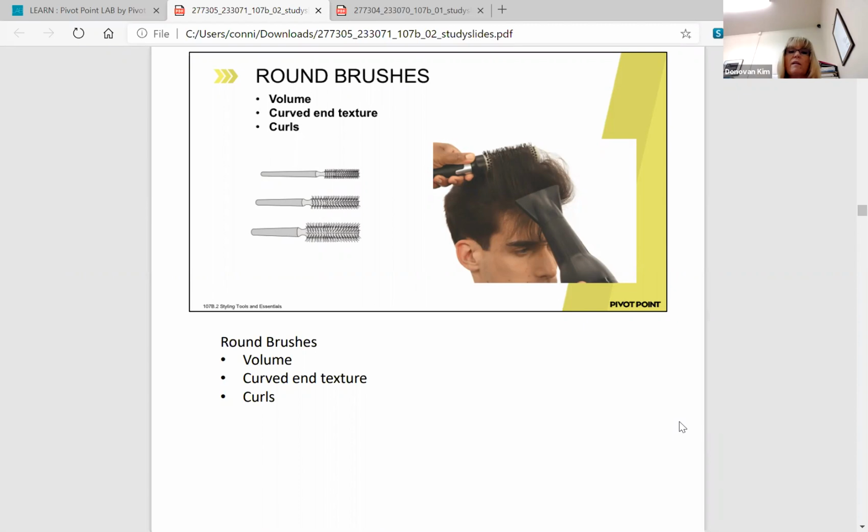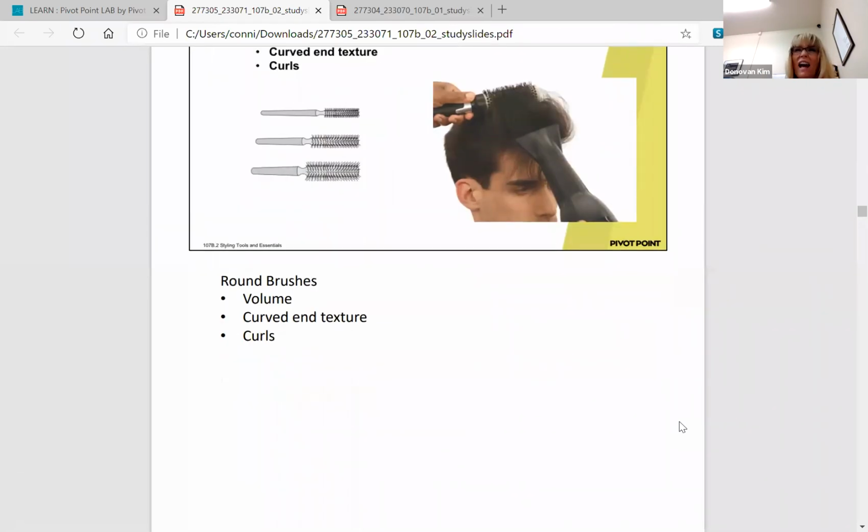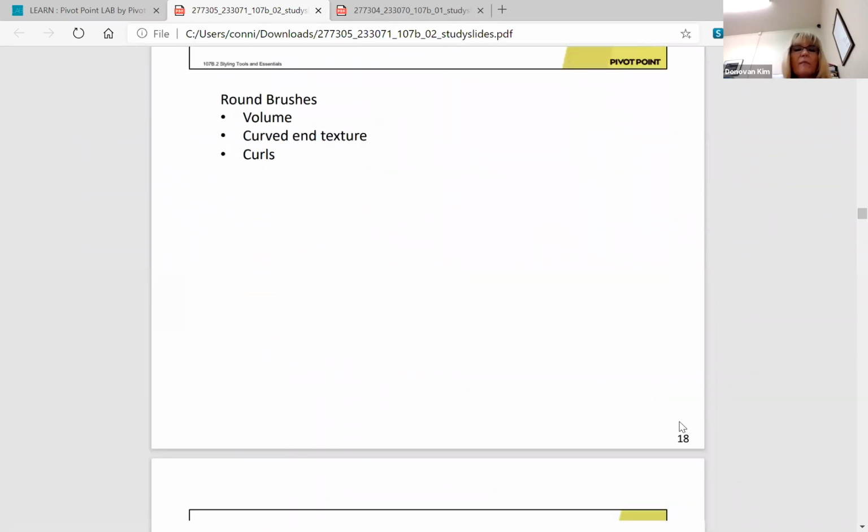They also come with a natural type of bristle. There are all different shapes and sizes when it comes to round brushes. I personally probably have about 10 of them, and I think I only use 2 because I don't like the rest of them very much. There are only certain types of hair that they work in, and mine's not one of them. They do come in many different sizes. I think I have one that's a 3 or 4 inch round brush. It works great for longer hair.